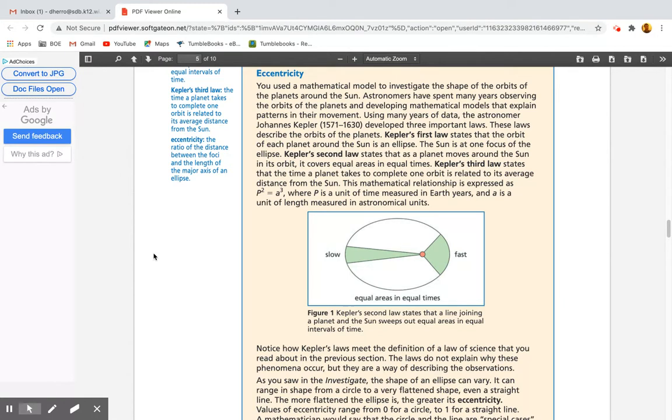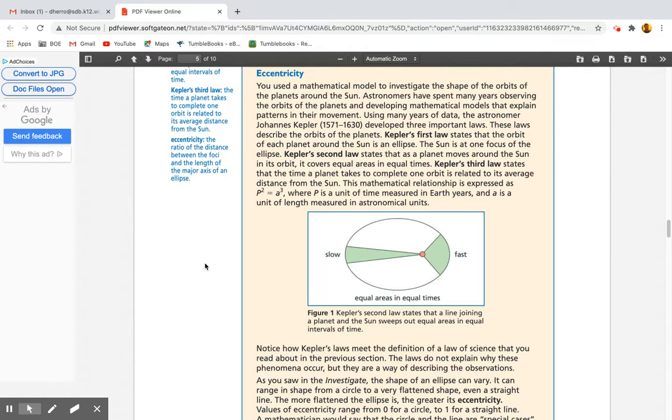Kepler's first law states that the orbit of each planet around the sun is an ellipse. The sun is at one focus of the ellipse. Kepler's second law states that as a planet moves around the sun in its orbit, it covers equal areas in equal times.